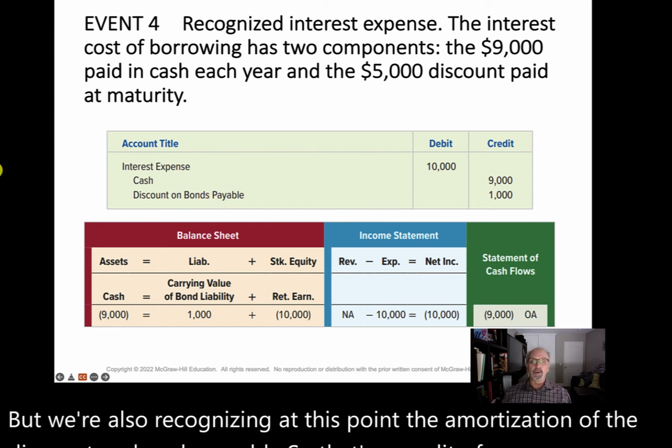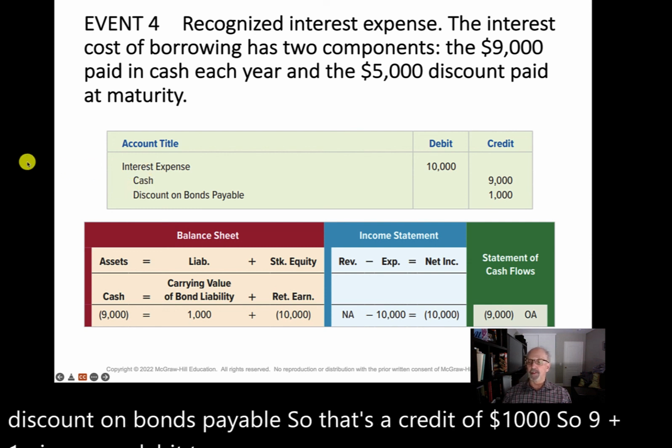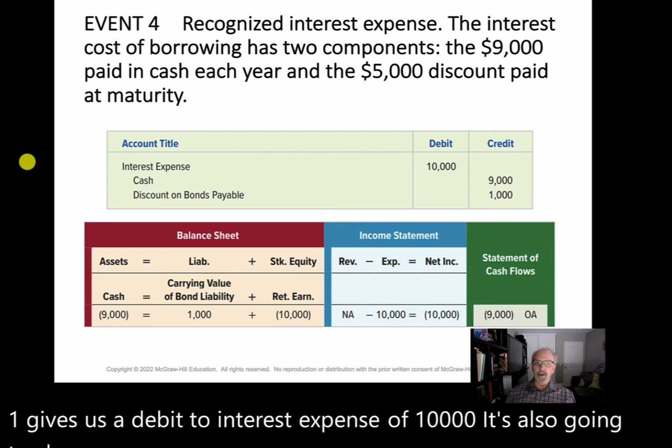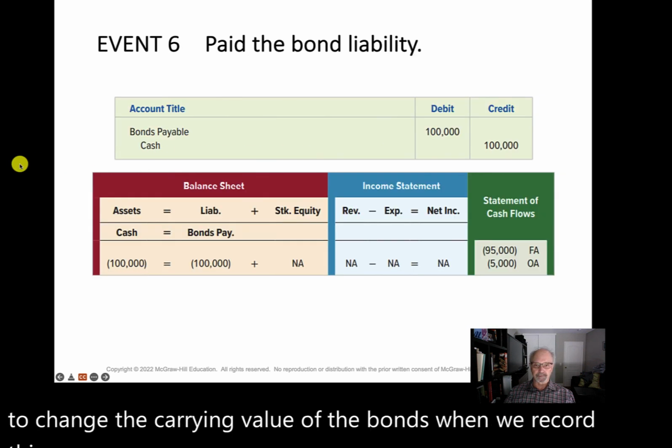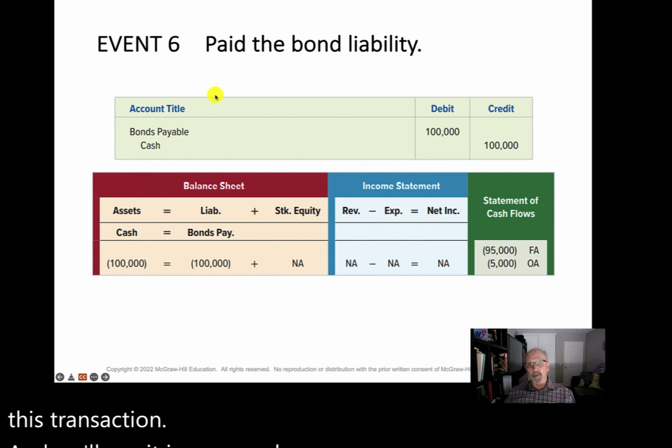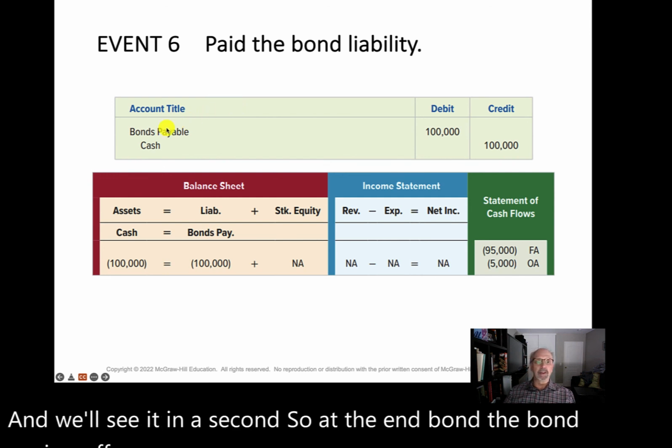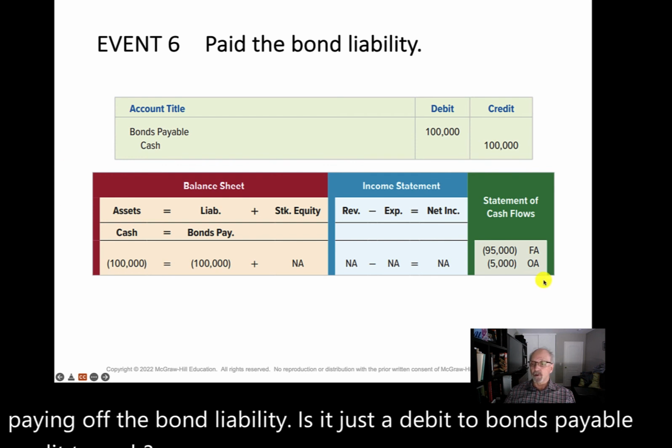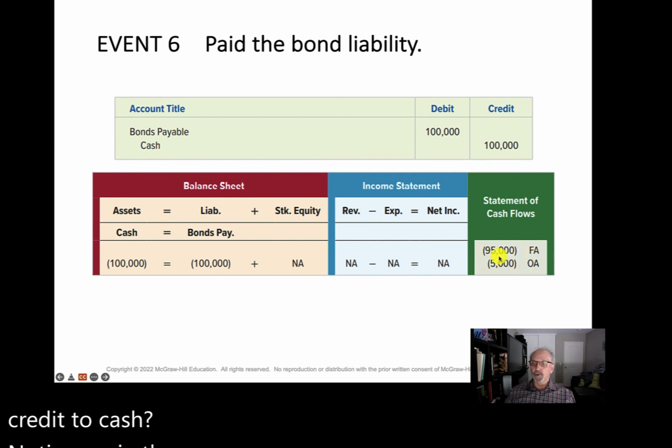So 9 plus 1 gives us a debit to interest expense of $10,000. It's also going to change the carrying value of the bonds when we record this transaction, and we'll see it in a second. So at the end, paying off the bond liability is just a debit to bonds payable, credit to cash. Notice again, the interest goes to operating activities. The principal goes to financing activities.